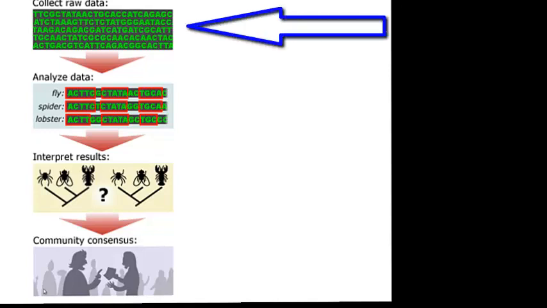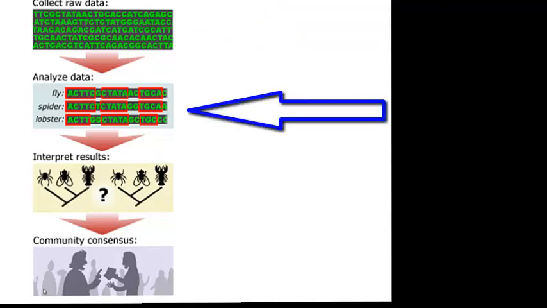Let's say we're studying the evolutionary relationships between flies, spiders, and lobsters. So here the DNA is collected from these organisms. The A, the T, the G, the C are the molecules that form sequences in the DNA. Next, through a variety of statistical and visual representations, the DNA sequences are analyzed for common sequences between the fly, spider, and lobster.